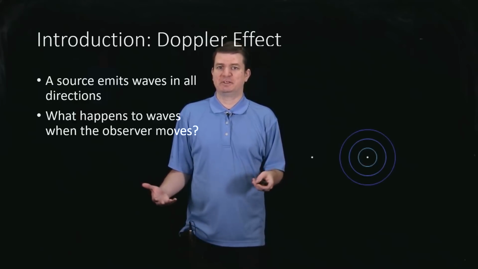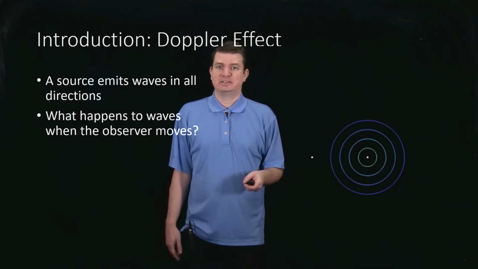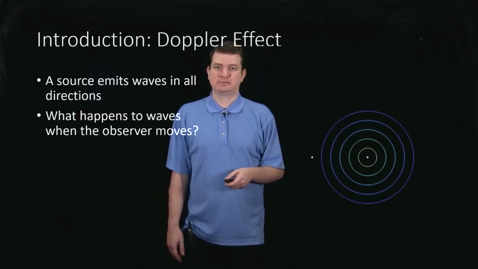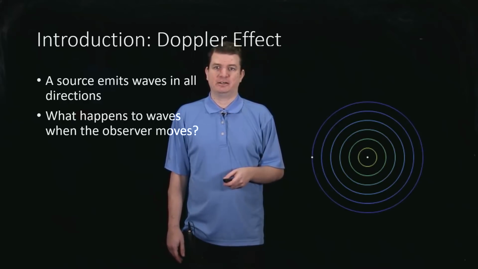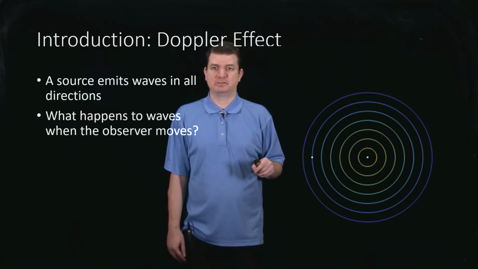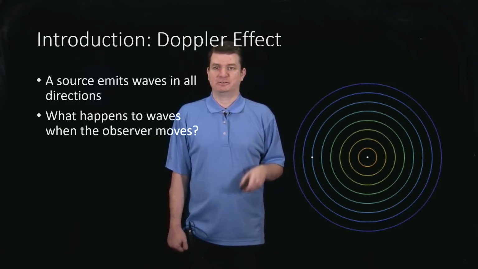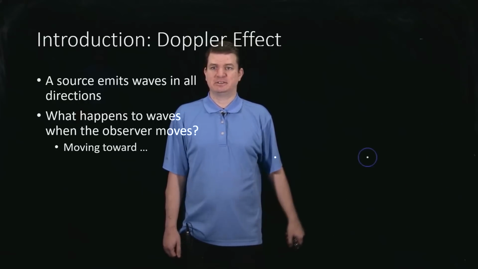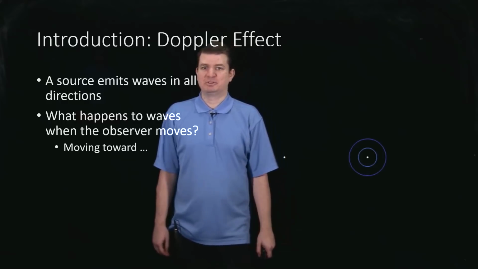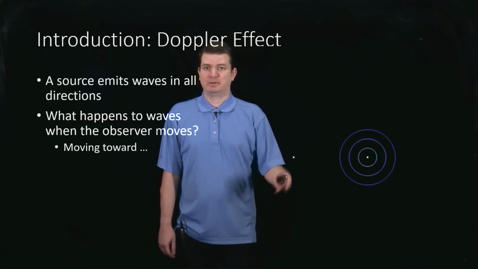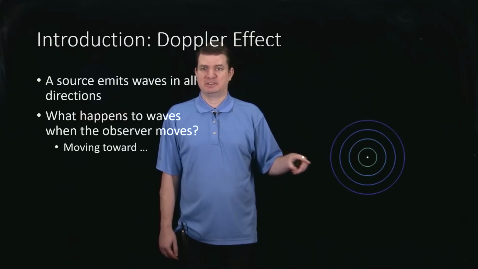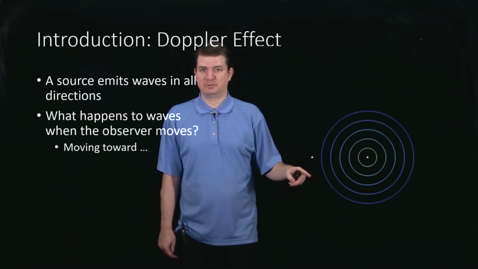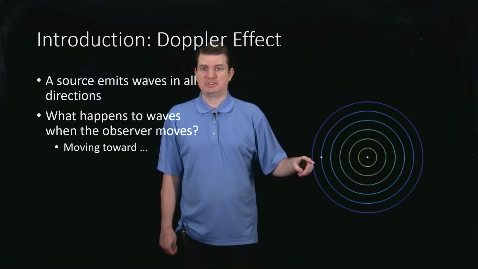Okay, but what happens if the observer is actually moving? Instead of standing still, I'm going to move towards the source. This is the standing still case, one wave per interval. But now let's move towards the source. The observer is now moving towards that source. The source is still emitting, and everything is nice and circular. But you see I skipped two.